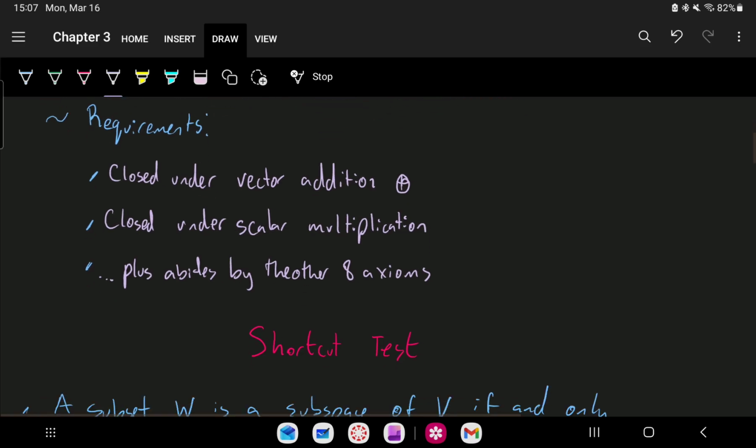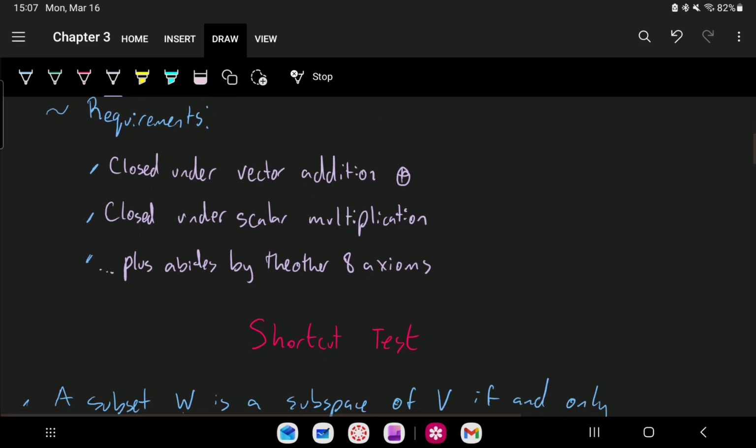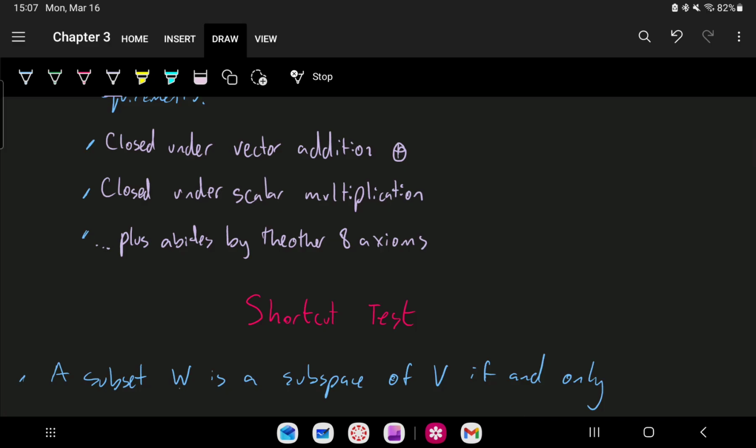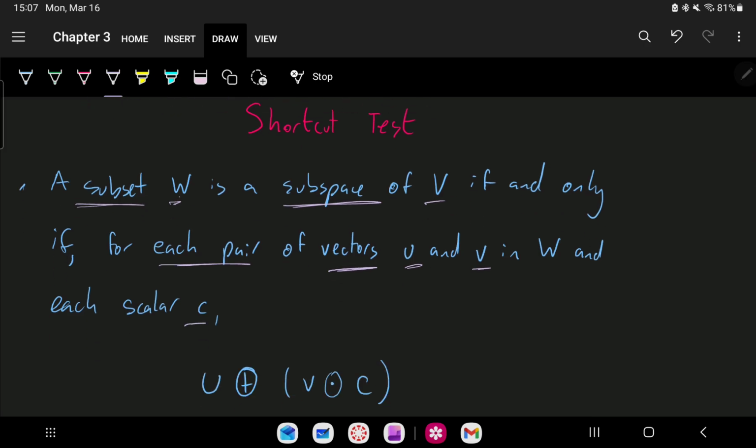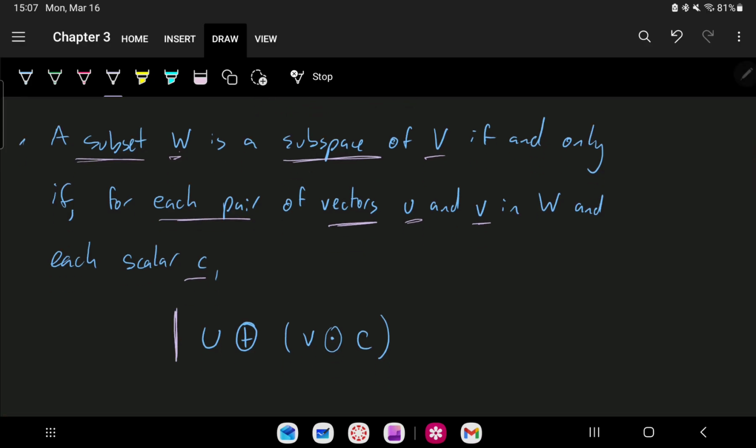Pretty basic, but the nice thing about subspaces is that there is a little bit of a shortcut to test this, because if you'll remember, all of these other 8 axioms kind of fell naturally out of vector addition and scalar multiplication. So we can automatically declare that a subset W is a subspace of V if and only if for each pair of vectors, say U and V in W, and each scalar C, the scalar does not need to be in any sort of space, it's just any real number C, we can condense all of this down into this handy formula.